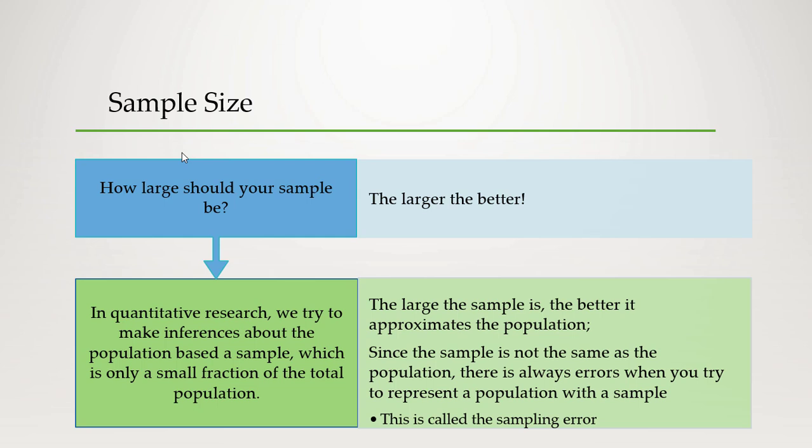Since in most cases we're not using data from the entire population, the sample as a small fraction of the population inevitably results in sampling errors in the research findings. Larger samples better approximate the population and thus reduce the room for sampling errors in statistical inferences.